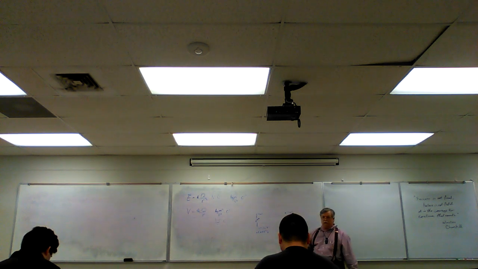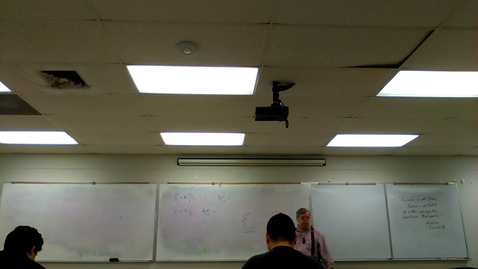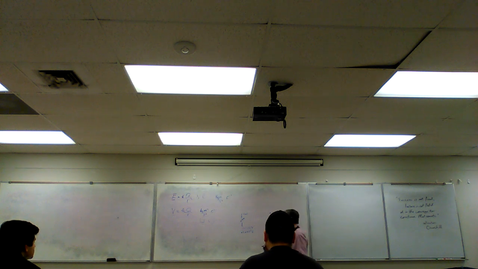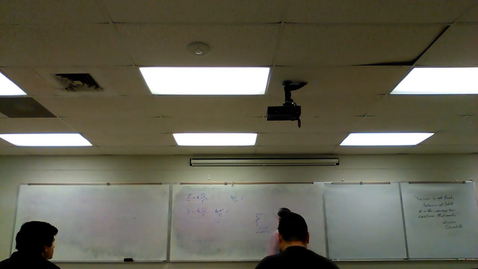What if we were the same distance away from a negative 20 microcoulomb charge? We'd have the same potential, but it would be negative. You'll notice that's a pretty big voltage, isn't it? Y'all work with electricity.